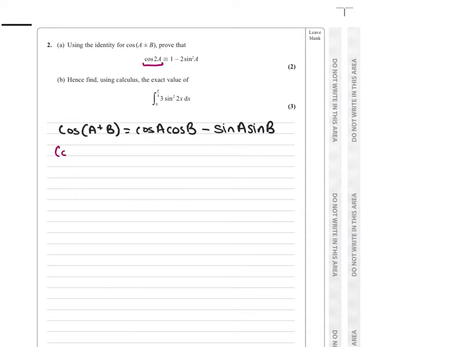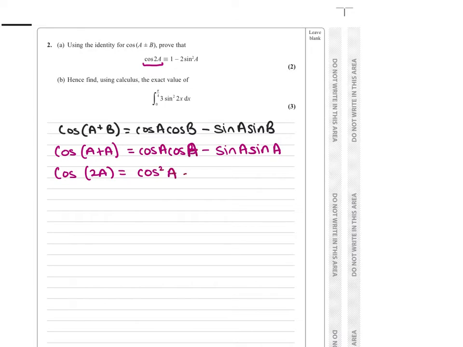So we're going to have cos of (A plus A) equals cos A cos B minus sine A sine A. Okay? Now, that means that cos of 2A equals cos squared, oh, sorry, that was a mistake, that should have been an A. Cos squared A minus sine squared A.